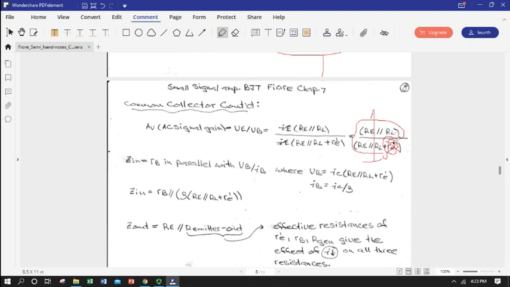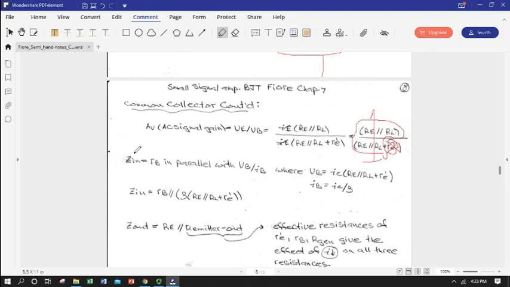So if R sub E is a little bit bigger, then this is a little less than 1. So it's the relative magnitudes of that parallel combo for typical resistor values versus our base emitter resistance in our AC model that gives us that unity gain. So there's our almost unity gain voltage follower.